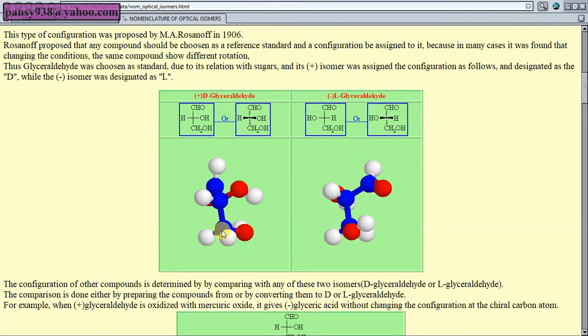So it seems that they are not the mirror image of each other in this case, but they are the optical isomers, as this compound is rotating the plane of polarized light in dextrorotatory direction, and this one rotates the plane of polarized light in levorotatory manner. Is levorotatory, of course.